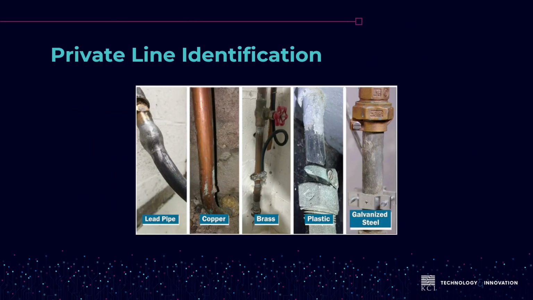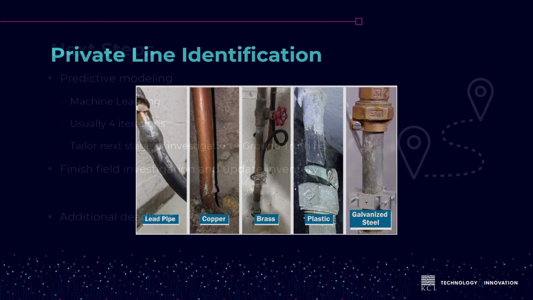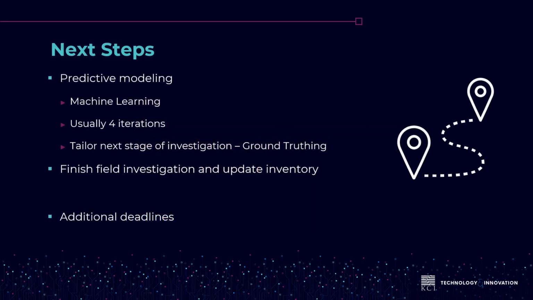So like I said, this is an ongoing journey. And so next steps will be collecting any of the private citizen line identification they may have done on their own and inputting that into the data. And then we are hoping to do some predictive modeling.